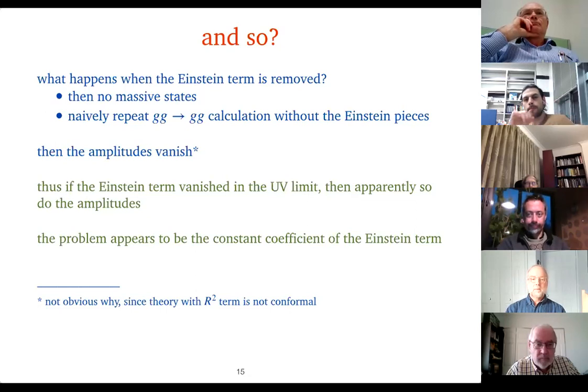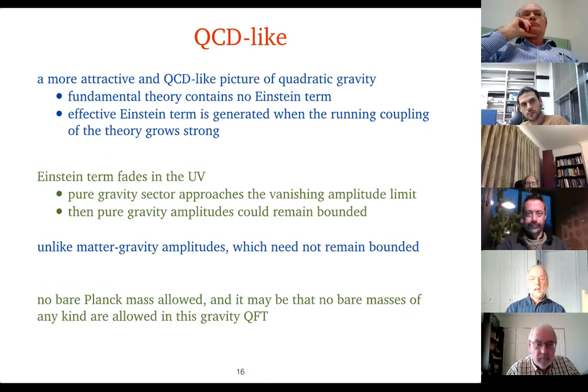So anyway, if the Einstein term vanished in the UV limit, then we might think, because of this result, that so do the amplitudes. If this is true, then the problem we're running into appears to be connected with the constant coefficient of the Einstein term. So that leads to what I think is a more attractive and QCD-like picture of quadratic gravity.